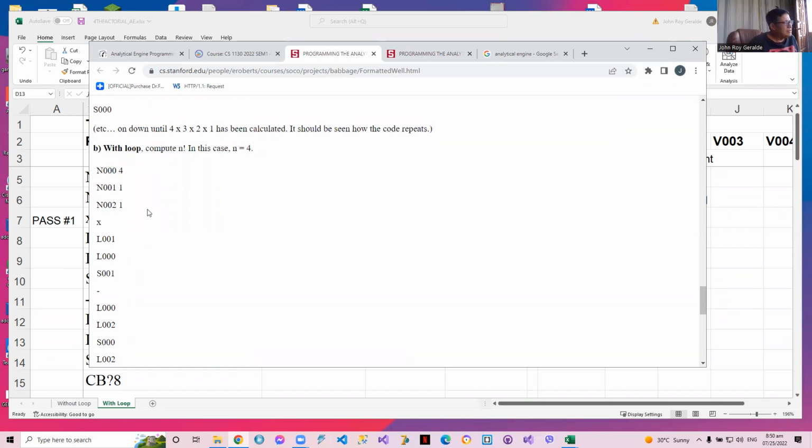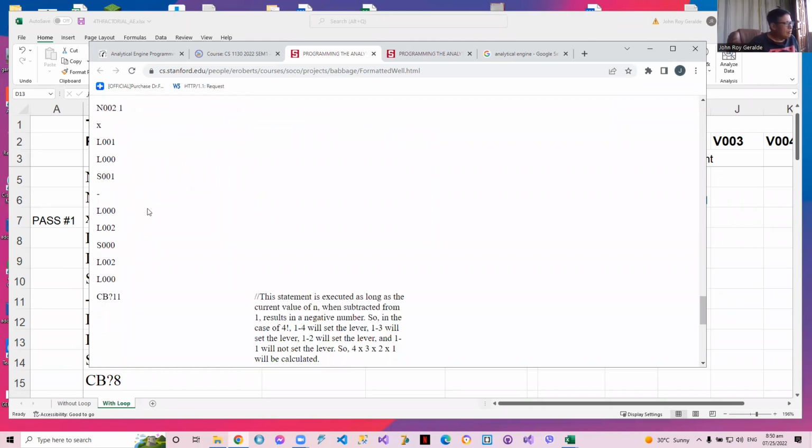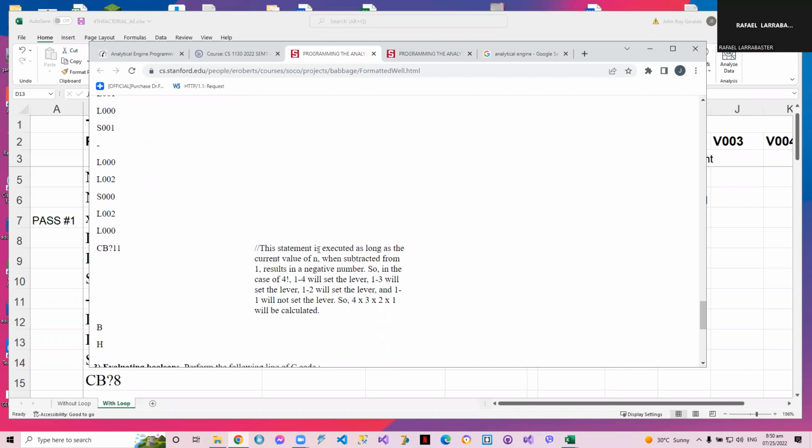Wait a moment. I'll just look at the example, because it's 4 minus 1. Okay, we'll set. It results in a negative number. This statement is executed as long as the card value of n, when subtracted from 1, results in a negative number. So CB8, it should be a negative number.